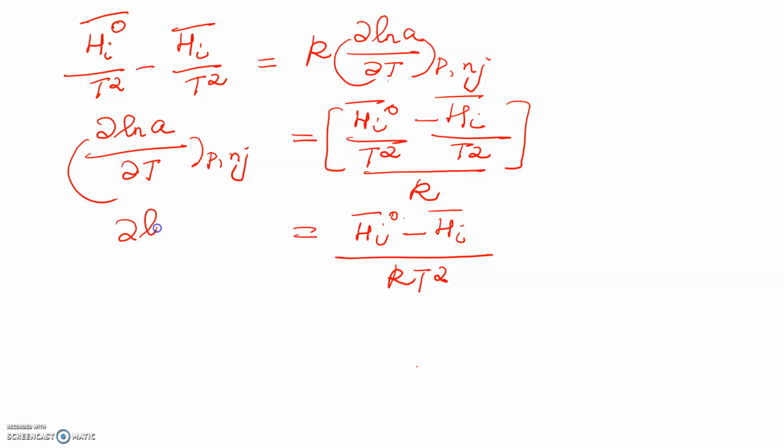So this equation gives the variation of activity with temperature at constant pressure and number of moles of other components.